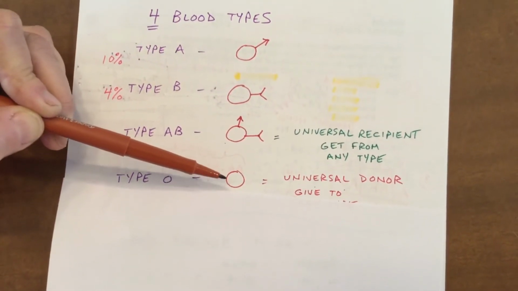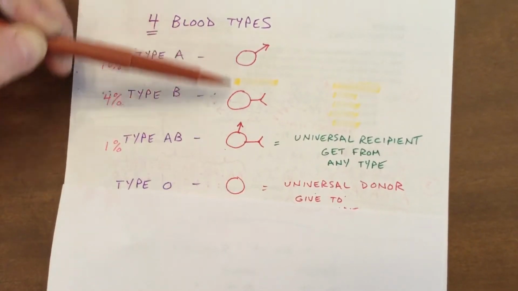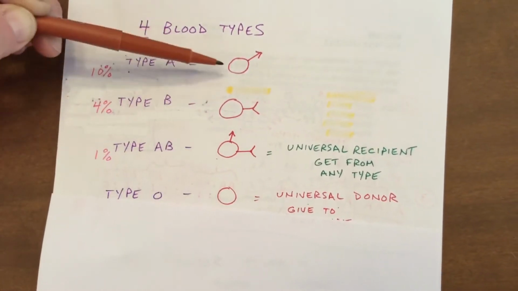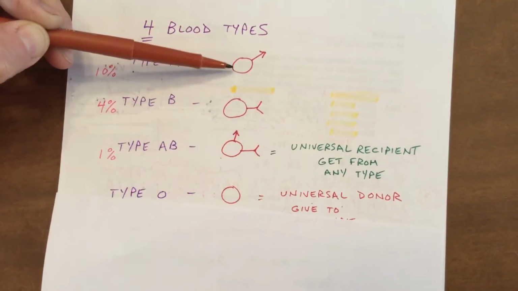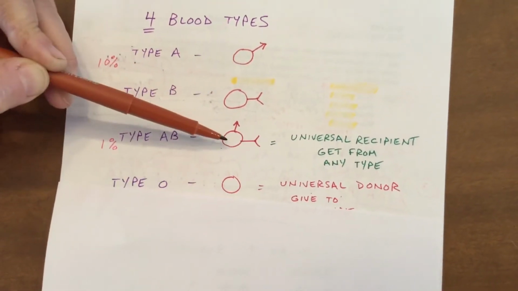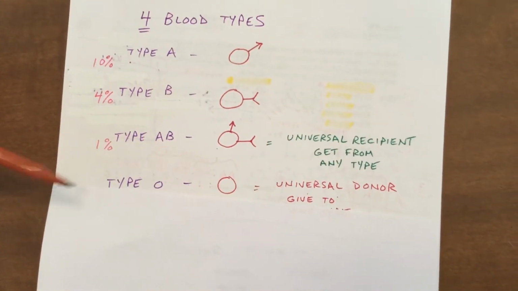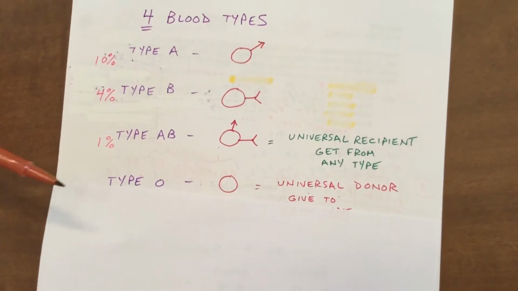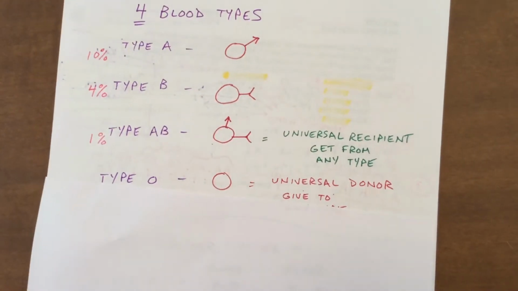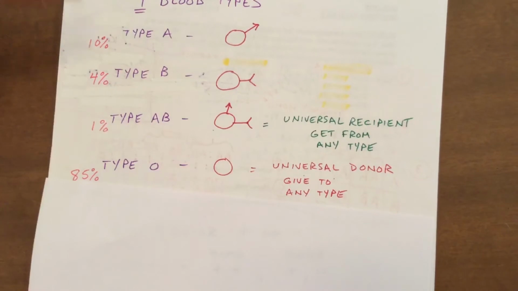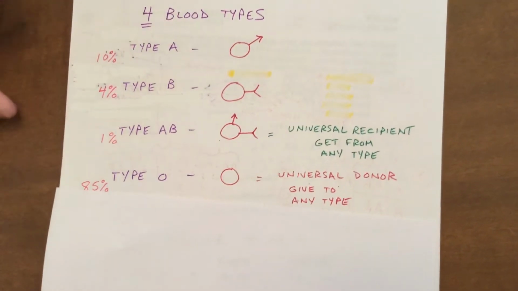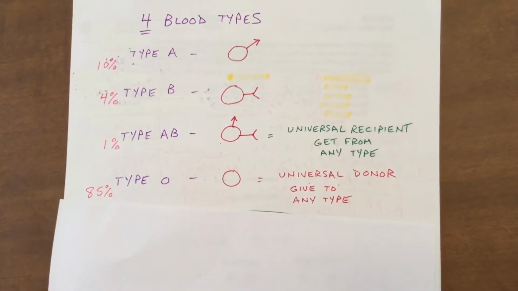For that reason, we can give type O blood to anybody. If you're type A, I have no proteins that it recognizes. Same with B, same with AB. For that reason, a type O person is said to be a universal donor, which means they can give their blood to anybody. About 85% of the population has type O blood.